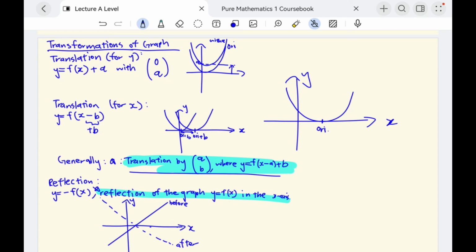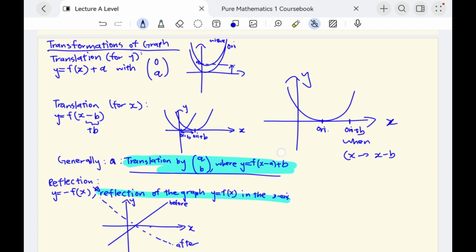If I put negative, it shifts rightwards. When you have x become x minus b, the graph shifts to the right.